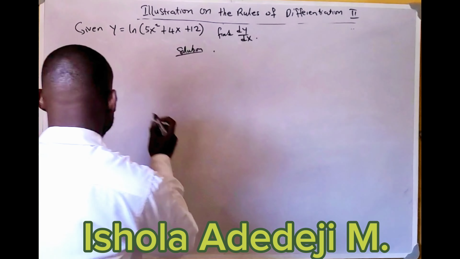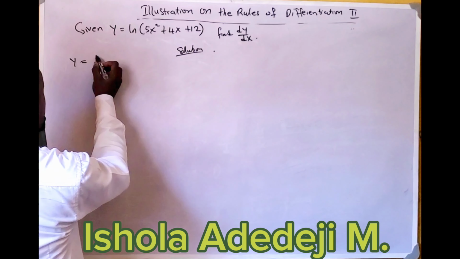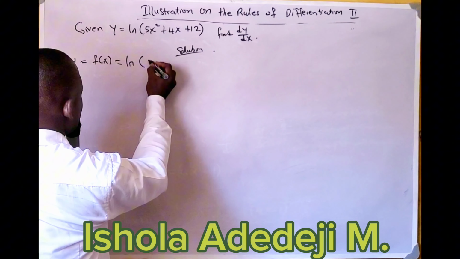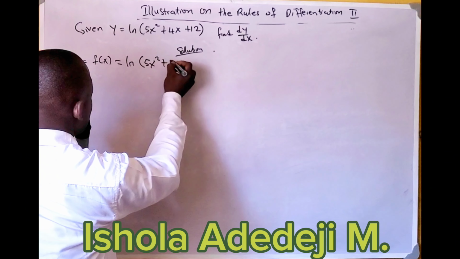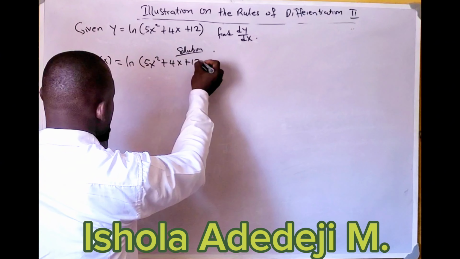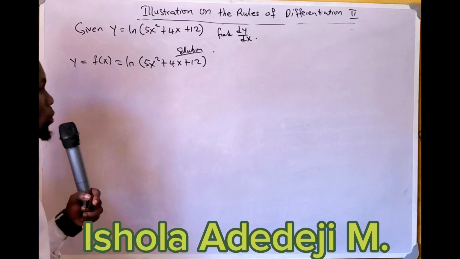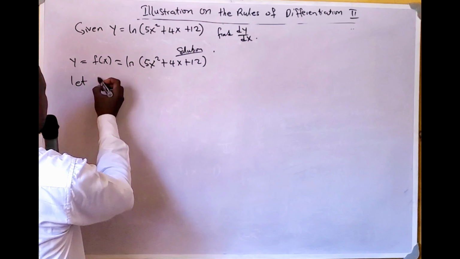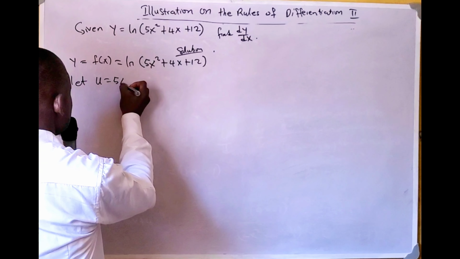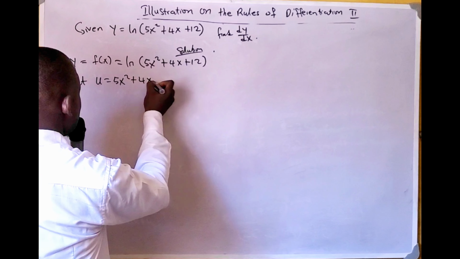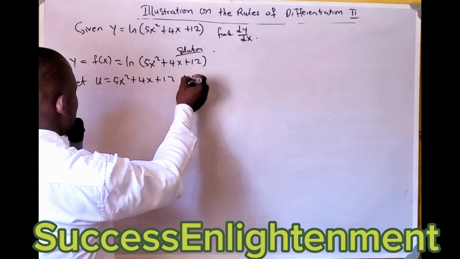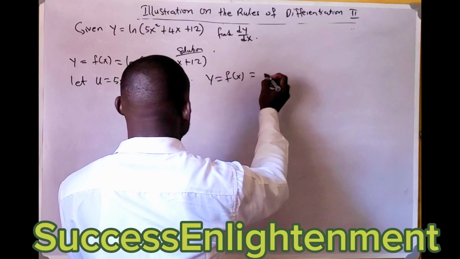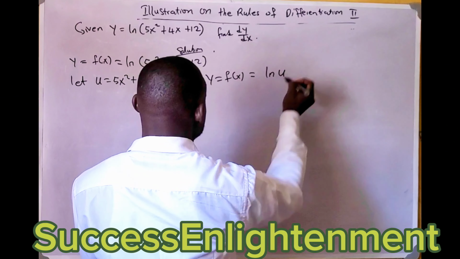So from here, we write y equals f of x equals ln of 5x squared plus 4x plus 12. From here, what do we do further? We say let u equal 5x squared plus 4x plus 12. Then therefore, we can write y equals f of x equals ln u.